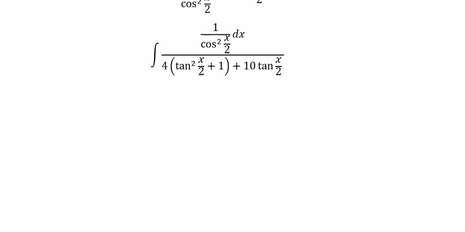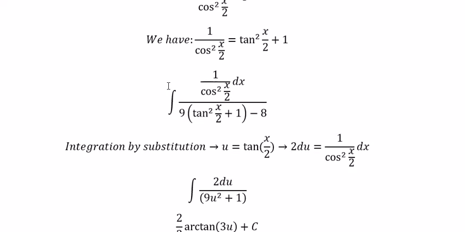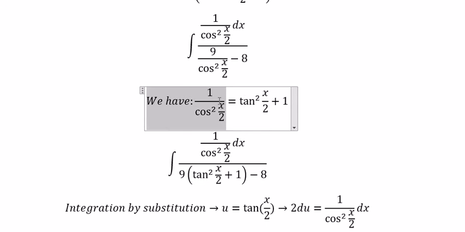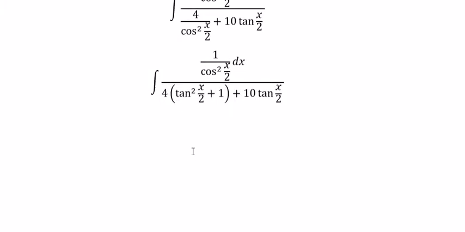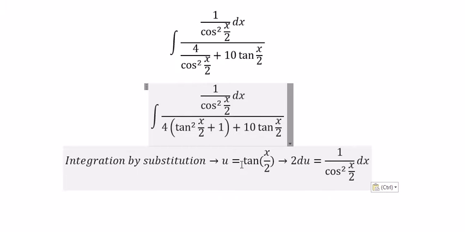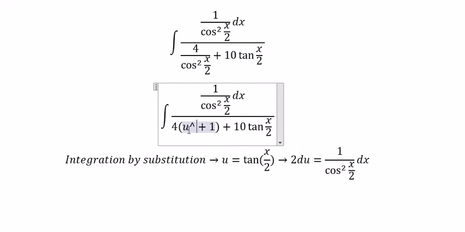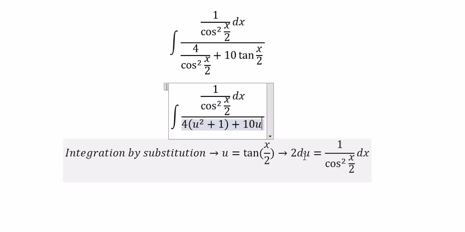And now we need to use the same technique in here. Let's see about this one. So we put u square in here. This one is about u. This one we change for 2 du.